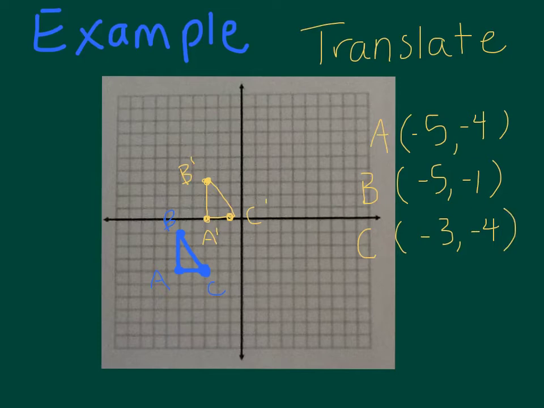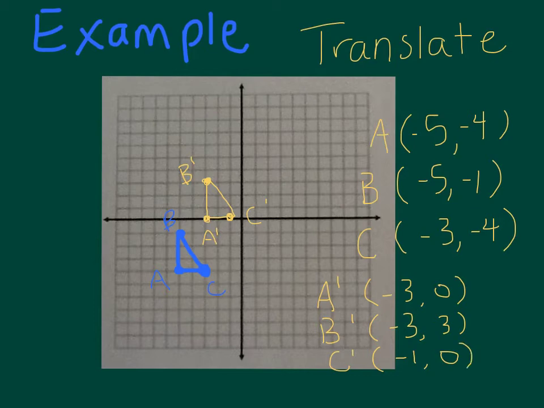And then let's look at our new coordinates. Our new coordinate for A is -3, 0. For B, it is -3, 3. And for C, it is -1, 0.